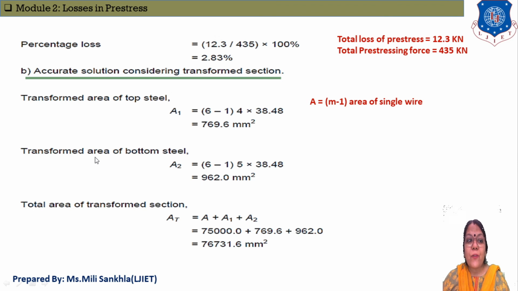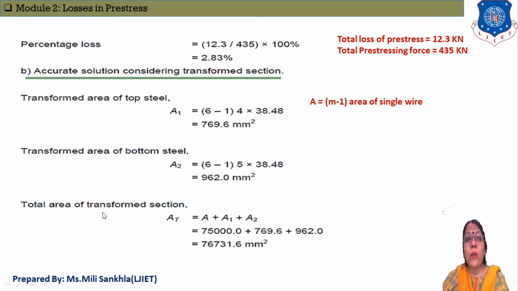Now transformed area of bottom steel, that means bottom zone, that is A2. A2 is equal to M minus 1, 6 minus 1, number of wires given 5, and single wire area 38.48. And my final answer is equal to 962 mm square. Clear?